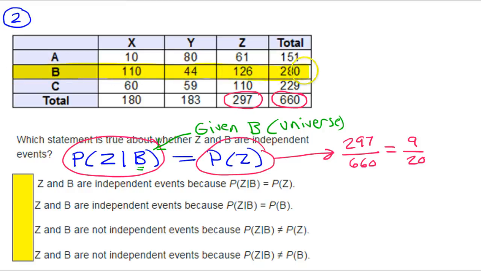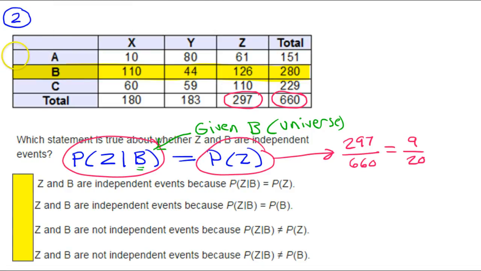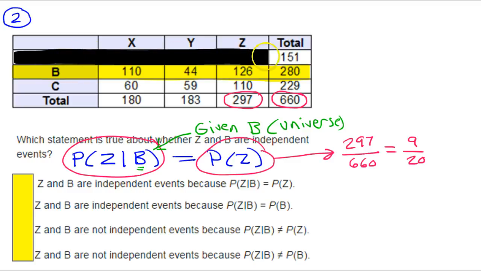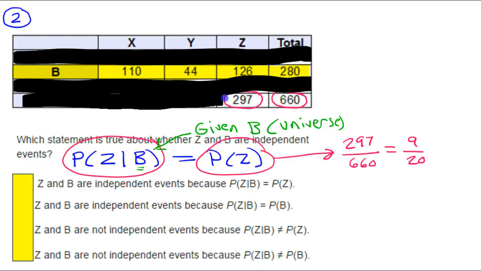This is all that exists. So what I like to do is take the other things that are not B and take them away, because it's all about B. That means it's not A and it's not C, and these totals no longer matter. So this is all there is.